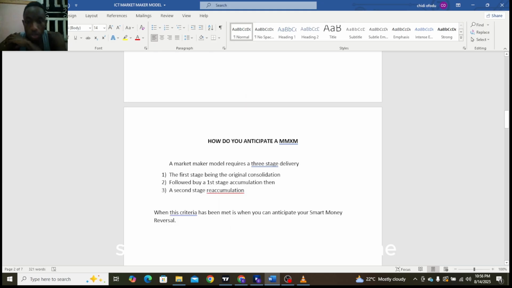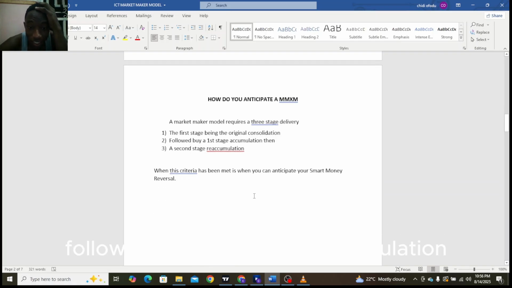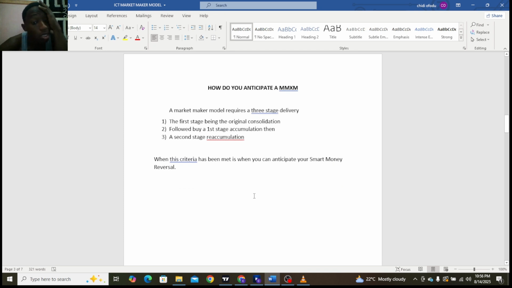So let's go into the third one. How do you anticipate a market maker model? A market maker model requires a three-stage delivery. The first stage being the original consolidation, followed by a first stage accumulation, then a second stage reaccumulation.